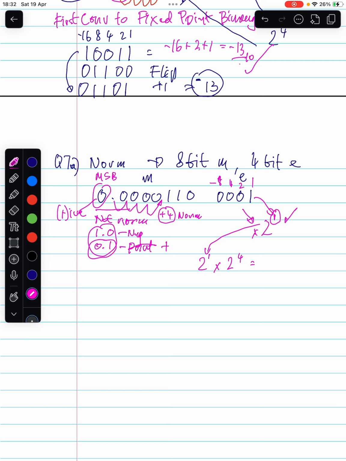Using our rules of indices, that adjustment for normalization is actually 2 to the minus 4, because we put the binary point here just to represent the number.